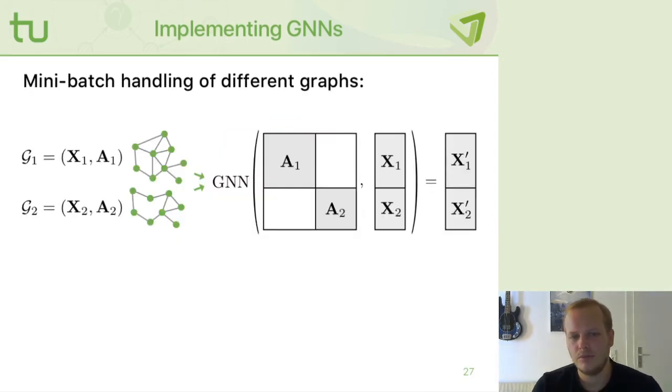Okay, so next I want to talk about mini-batch handling in GNNs. There exists a major difference here in contrast to, for example, batching in convolutional neural networks. To recap, in CNNs, you have a designated batch dimension, and that basically requires images to have the same input dimension.